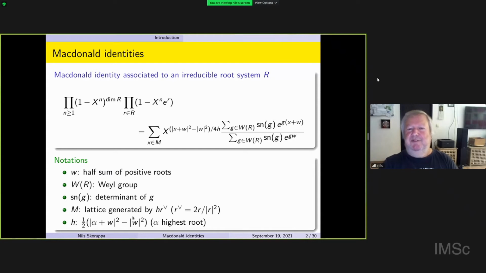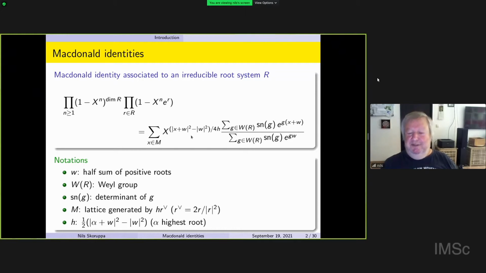These details are not so important, but I just give them for the moment. Then you have the Weyl group W of R, a finite group, and it's a finite sum that you have here. Here you have the linear character of the Weyl group, which is actually the determinant of g. And then you again have these elements of the group ring of the lattice M. So it's this formal identity.